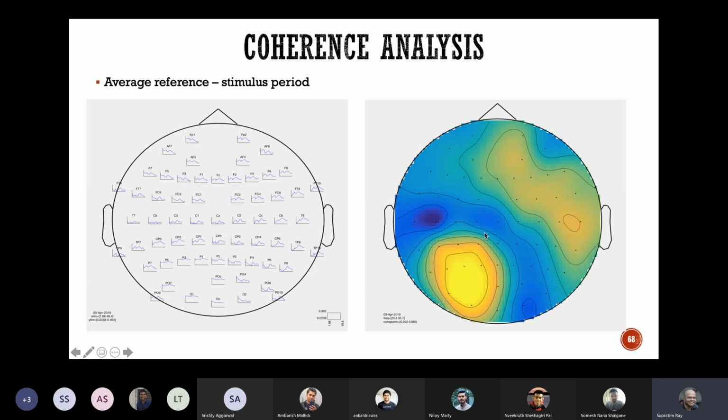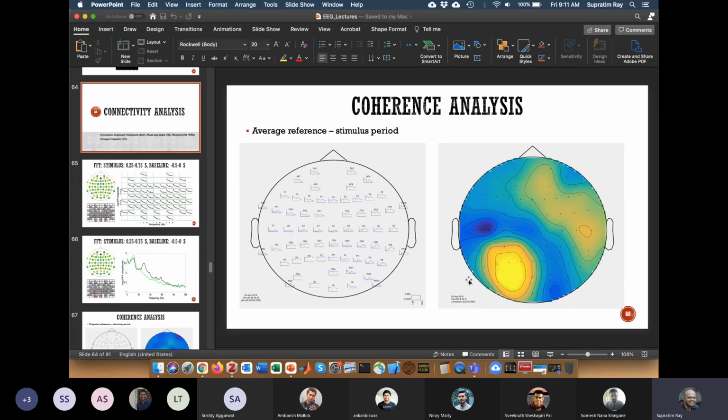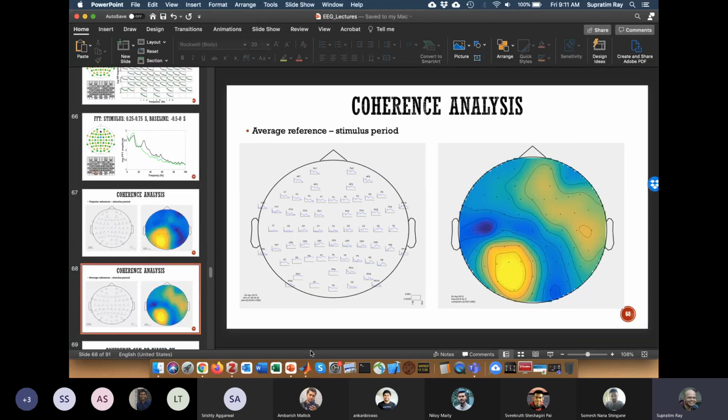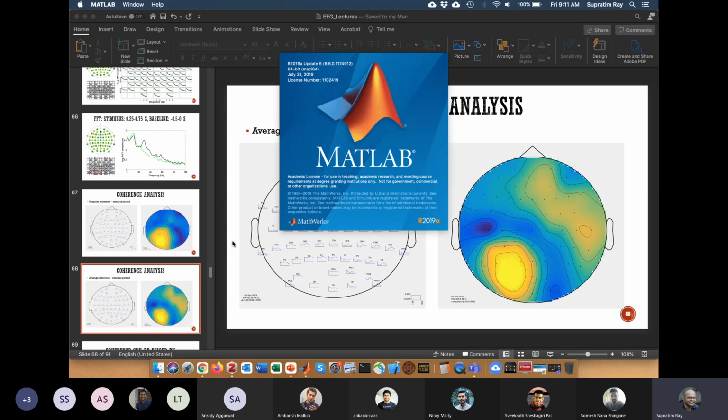The topo plot here is between the gamma range. Okay, so yes, I could show you the MATLAB plots. You can see how these are being plotted.